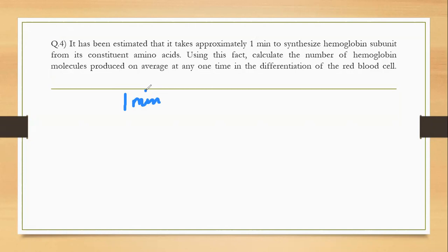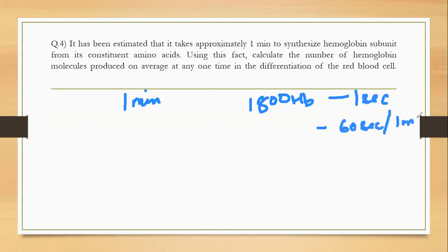So what did we see? That around 1800 hemoglobin molecules are synthesized in 1 second. So in 60 seconds, that is 1 minute, how much is it? You just have to multiply with 60, right? So how much are you getting? 1.1 into 10 raised to 5. So these many hemoglobin molecules you need to synthesize in 1 minute.